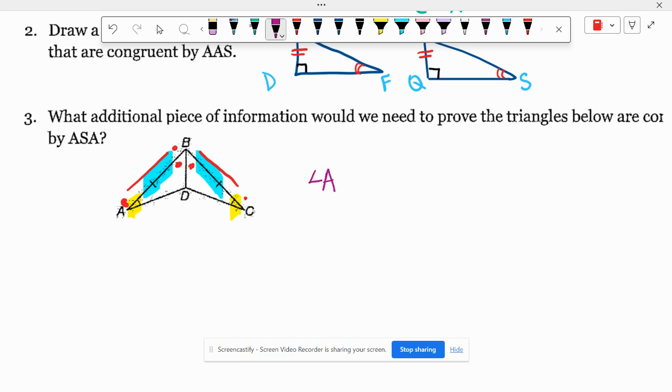Angle A, B, D has to be congruent to angle C, B, D. When we first talked about angles, we said angles are formed by two rays. Chandler, open your eyes. Angles are formed by two rays. And I said, make sure that the vertex is always the middle letter, right? This is the vertex, that B that you were talking about.